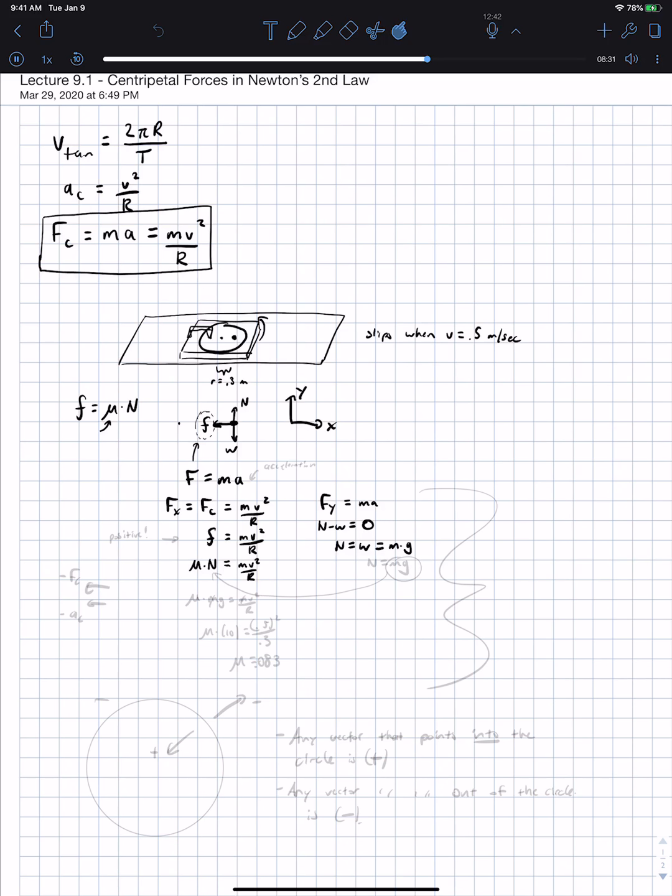The mass is actually, we don't know. So if we don't know the mass, then it must cancel out somewhere. Mu times, we know the normal force is equal to mg. We substitute mg for the normal force.